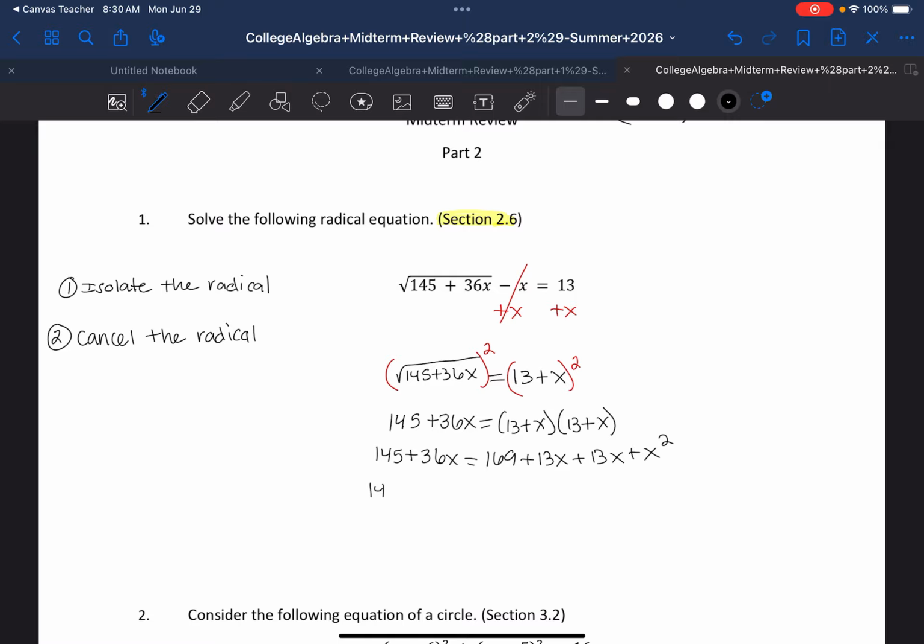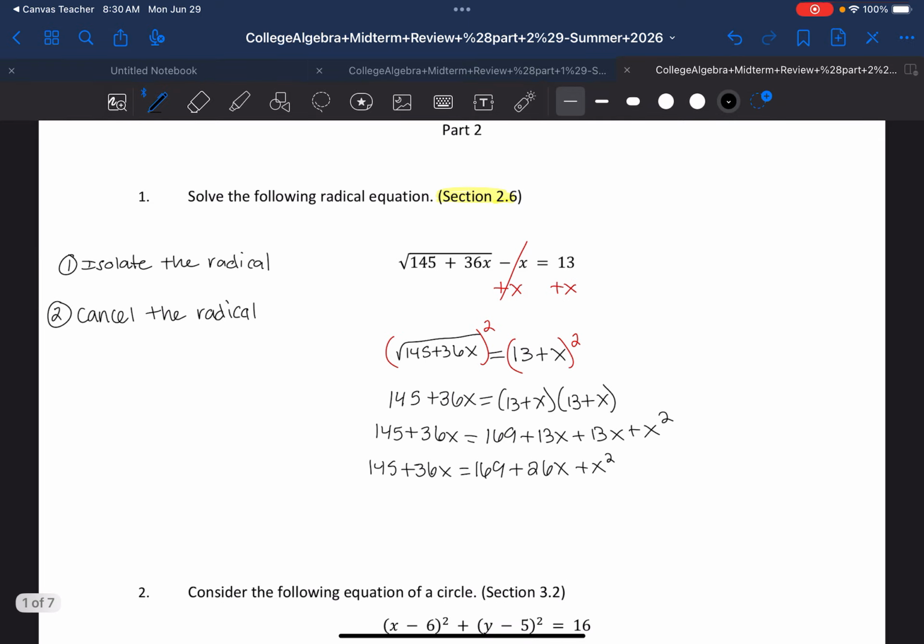So simplifying the right side, we combine the middle terms, which will give us a positive 26x. Bring down my x squared. And this is a quadratic because I have a variable squared as my highest exponent.